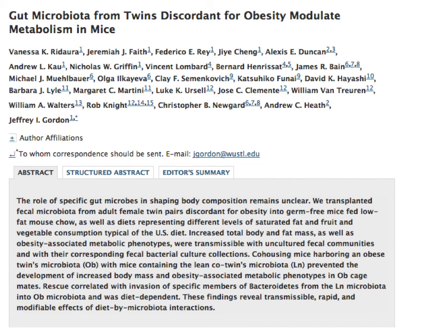And the mice that consumed or were contaminated with the lean twin's microbiota remained lean. Okay? So it's not the food, it's not how much they eat. It had everything to do with how the bacteria in their gut were processing the food.